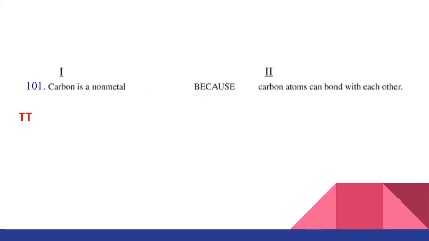Any atoms can bond with each other. So that's not why it can bond with other carbon atoms. If statement 1 was true because of statement 2, then you would put CE in your answer also. So you'd be bubbling in true, true, and then CE.